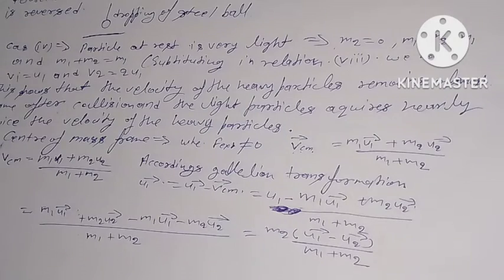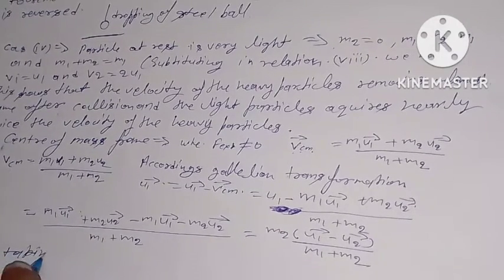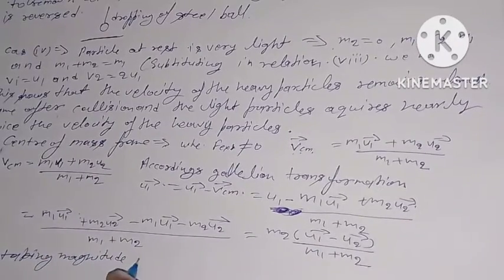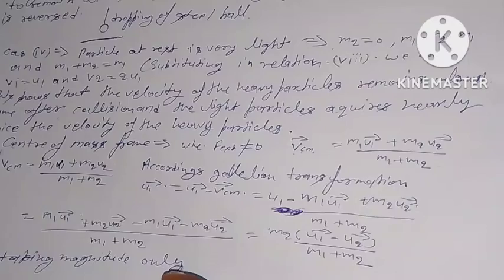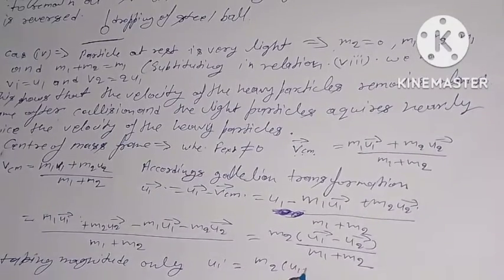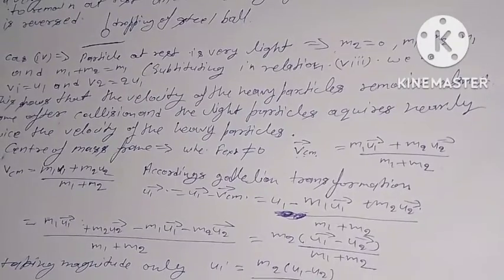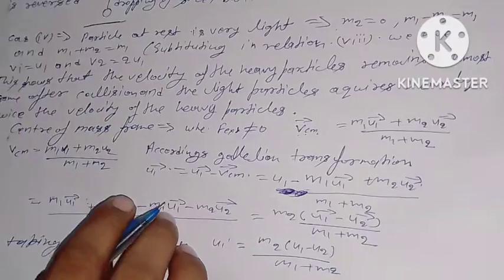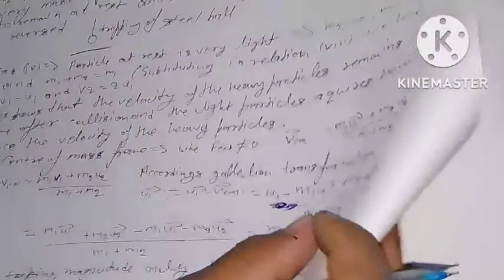Taking magnitude only, u1 dash equals m2 u1 minus u2 upon m1 plus m2.